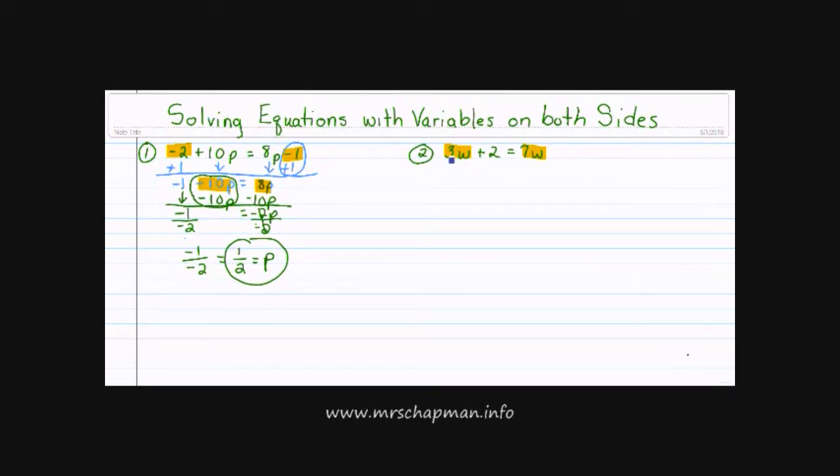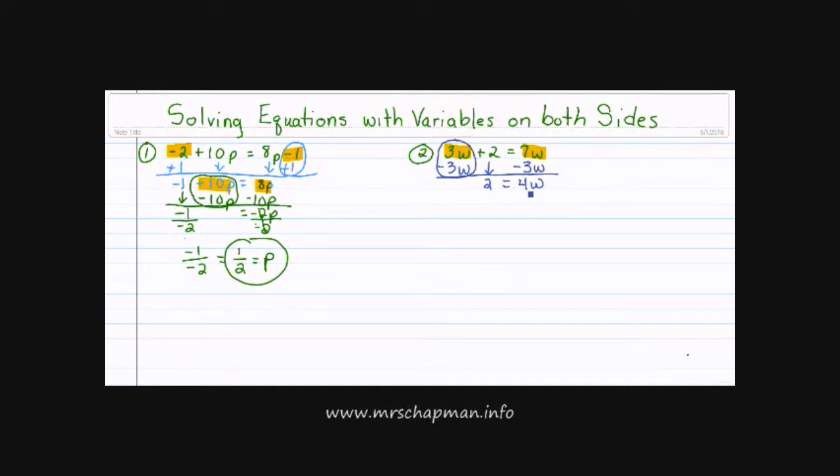The opposite of a positive 3w is a negative 3w. Positive 3w and negative 3w equals 0. Bring down my positive 2 because I did not do anything with that, and I combine my w's. A positive 7 and a -3 is a positive 4w.